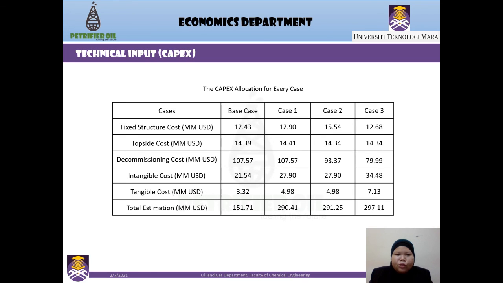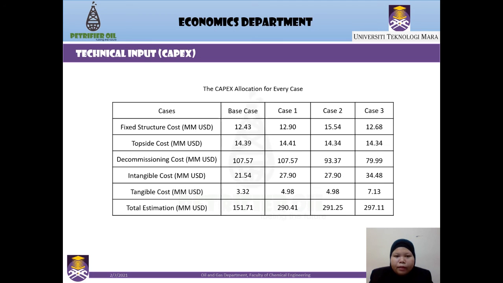This slide shows the technical input of CAPEX. For the analysis of CAPEX for each case, it can be divided into 5 categories: fixed structure cost, topside cost, decommissioning cost, intangible cost, and tangible cost.